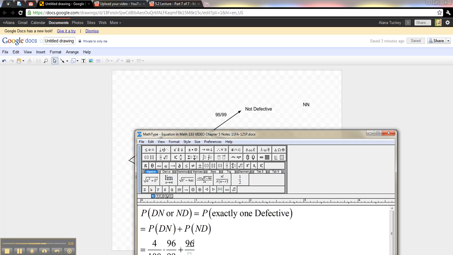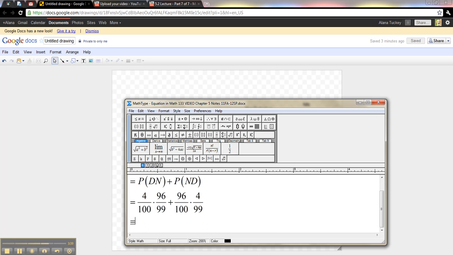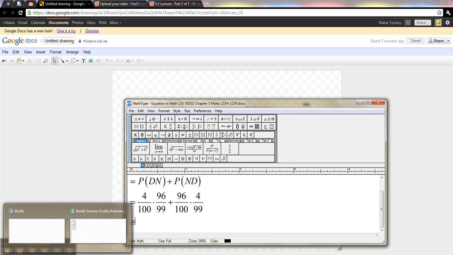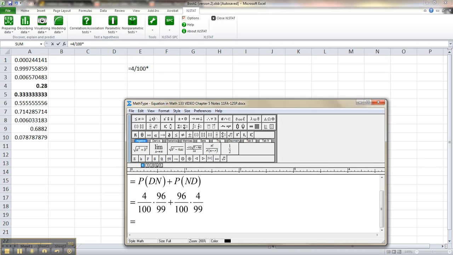It's 96 out of 100 times 4 out of 99. Okay, so I'm going to have to find each of those separately, and then I'll add them up. Actually, to be honest with you, you could do it all in Excel, but I'll do it right now. So 4 out of 100 times 96 out of 99.